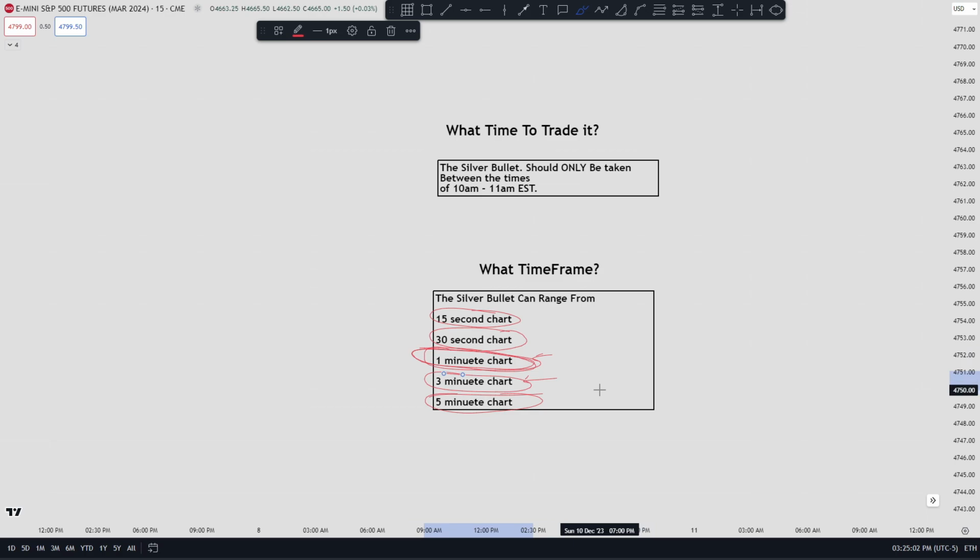So build that patience, wait for the fair value gap, wait for that setup to form on the higher time frames and trade it and build that confidence. And as you guys build that confidence, that's when you guys can go to the 3-minute chart and then you guys can go to the 1-minute chart. But never just go straight to the 1-minute chart. It's like going to a gym. You're just now getting to a gym. Why are you going to pick up a 50-pound weight?